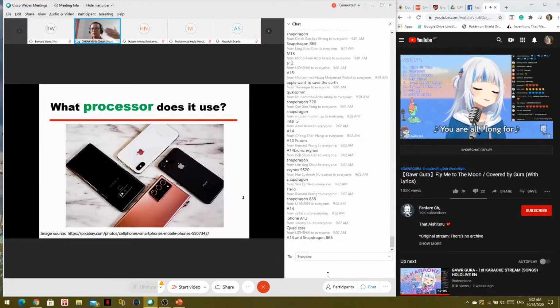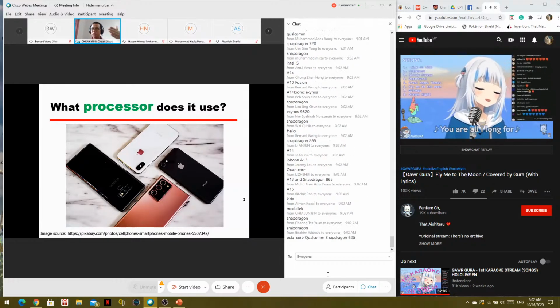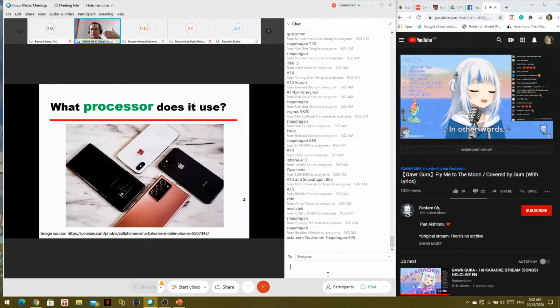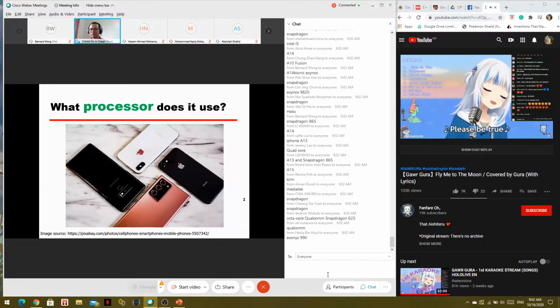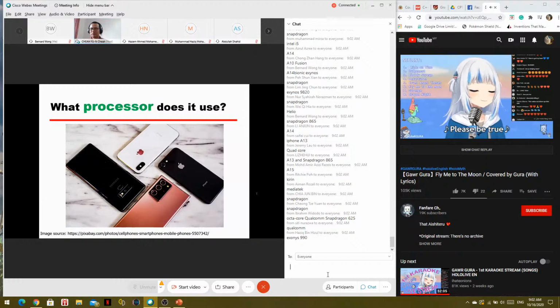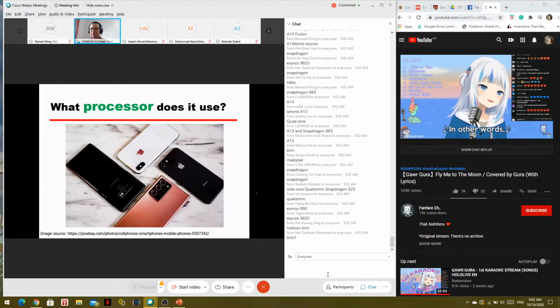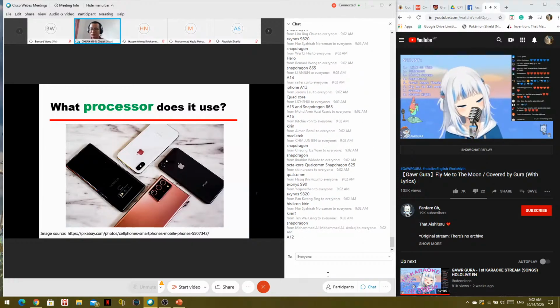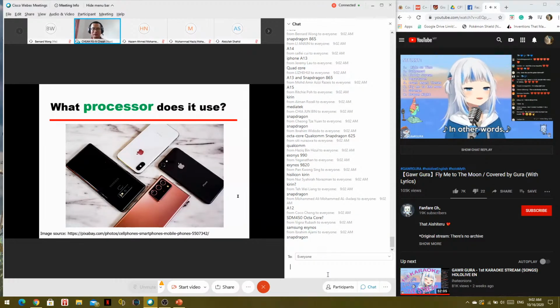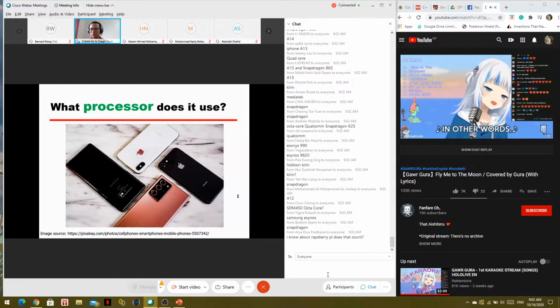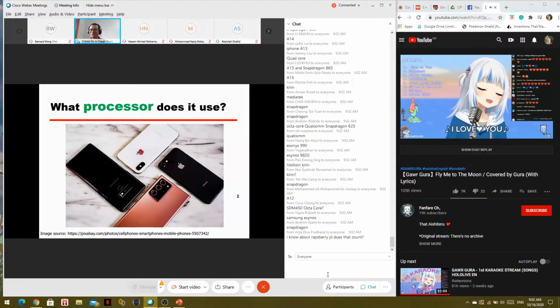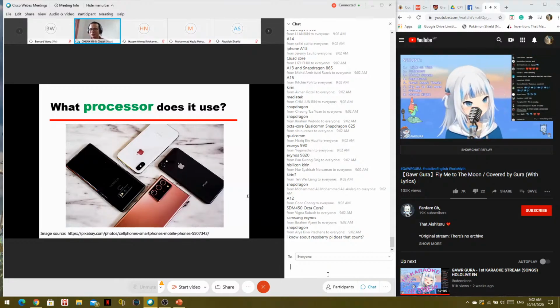I think it's similar. A12. I assume this is the Apple one, Apple Bionic. Snapdragon, MTK, A12, A13. Qualcomm Snapdragon, Intel i5. Are you sure Intel i5 produces chips? I mean, is Intel i5 used in a mobile phone? Better check on that.